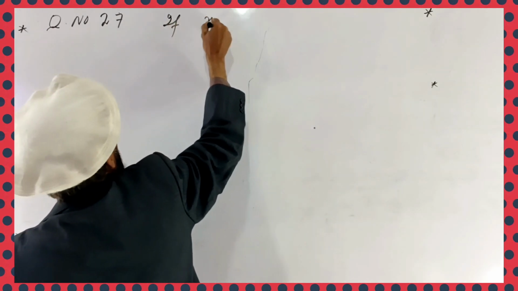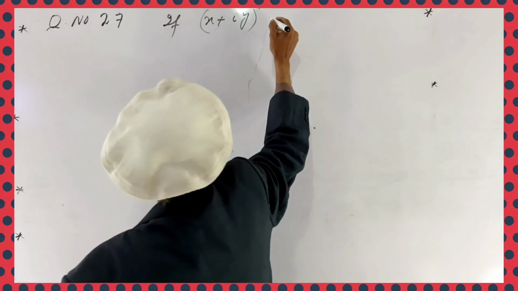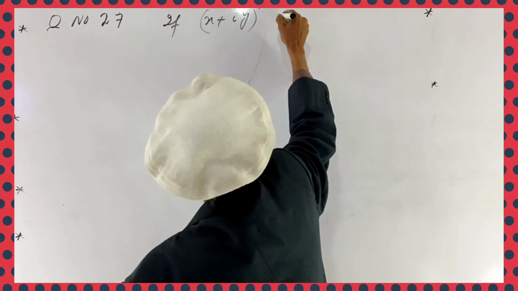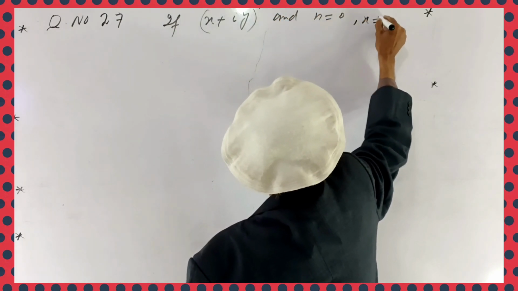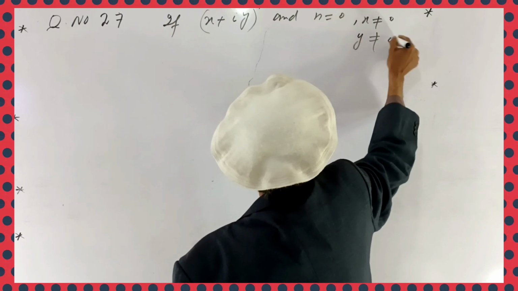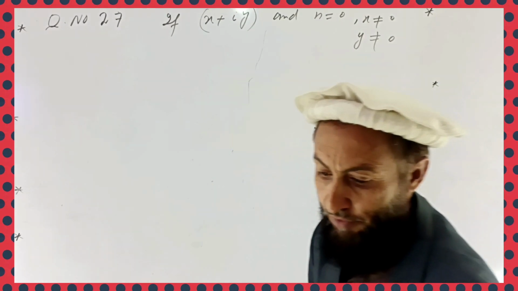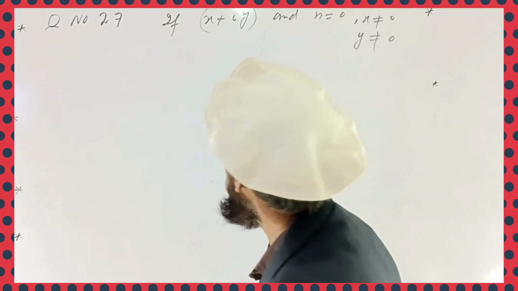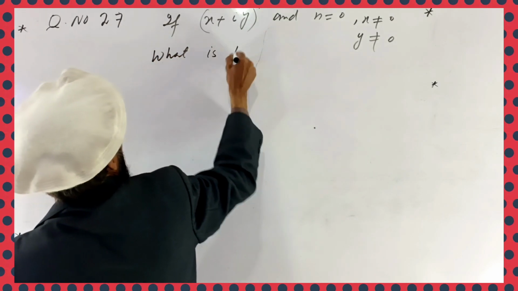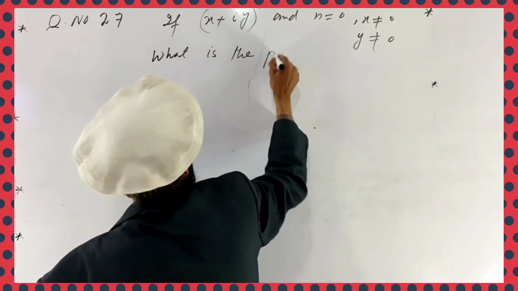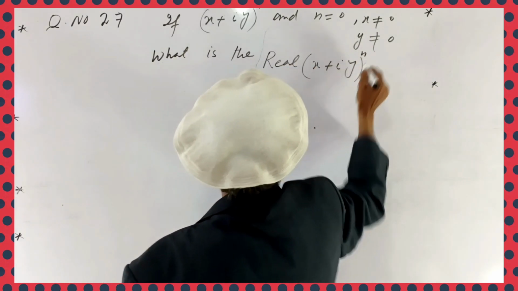If x plus iota y to the power n, and n is equal to 0, x is not equal to 0 and y is not equal to 0, what is the result of the real part of x plus iota y whole to the power n?